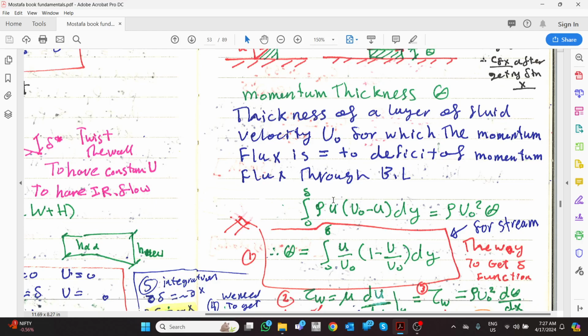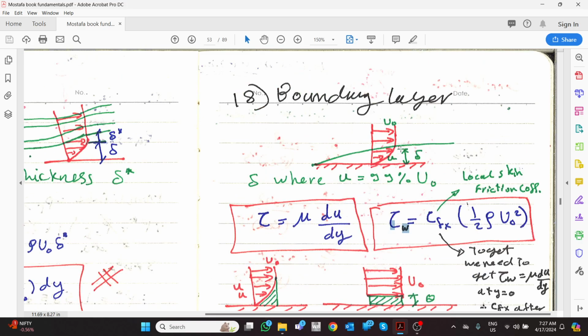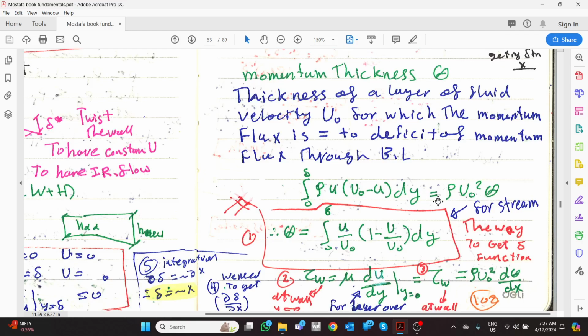rho u, u naught minus u, dy. u is the velocity, which means the change in the velocity in dy from 0 to delta, where delta is the boundary layer, is equal to rho u naught square theta. Simple.